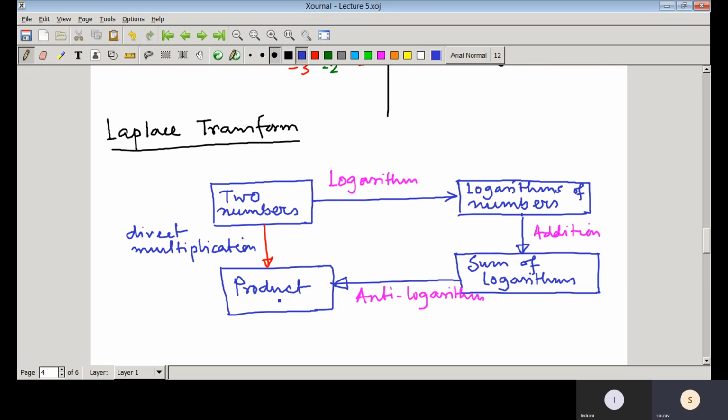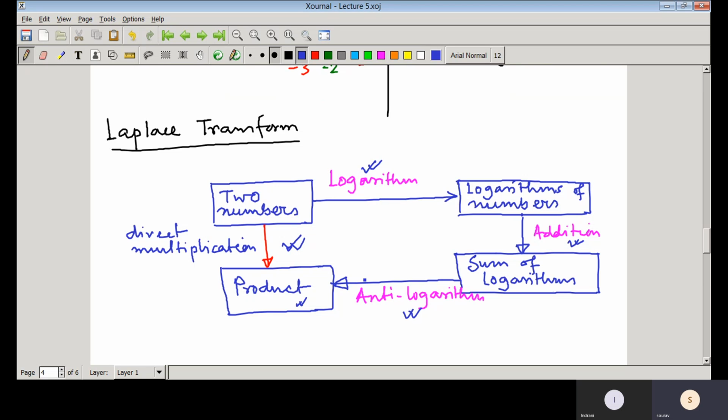So basically there are two methods. One is just direct multiplication, or you transform it: you take the logarithm, it comes into addition form, and then if you take the anti-logarithm, again you get back the product.